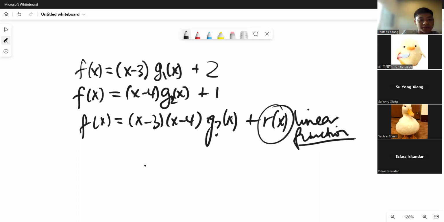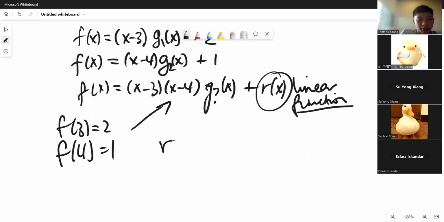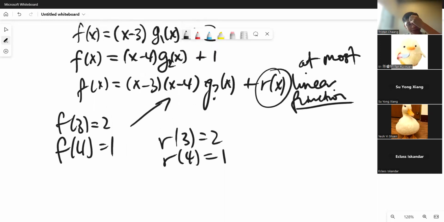And R(x) just satisfies, well, we know that f(3) is 2, f(4) is 1. So plug that inside here, we get that R(3) is 2 and R(4) is 1. So what's the linear function that satisfies this? Well, linear as in at most linear. It can be constant as well. The degree is at most 1.